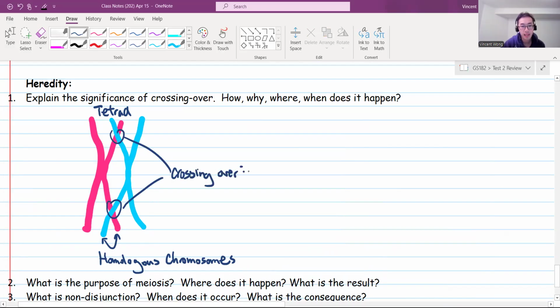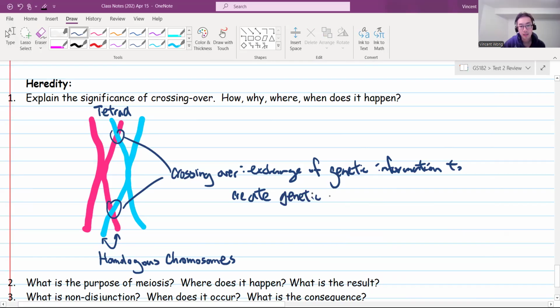Which is the exchange of genetic information to create genetic variation in gametes. Where?